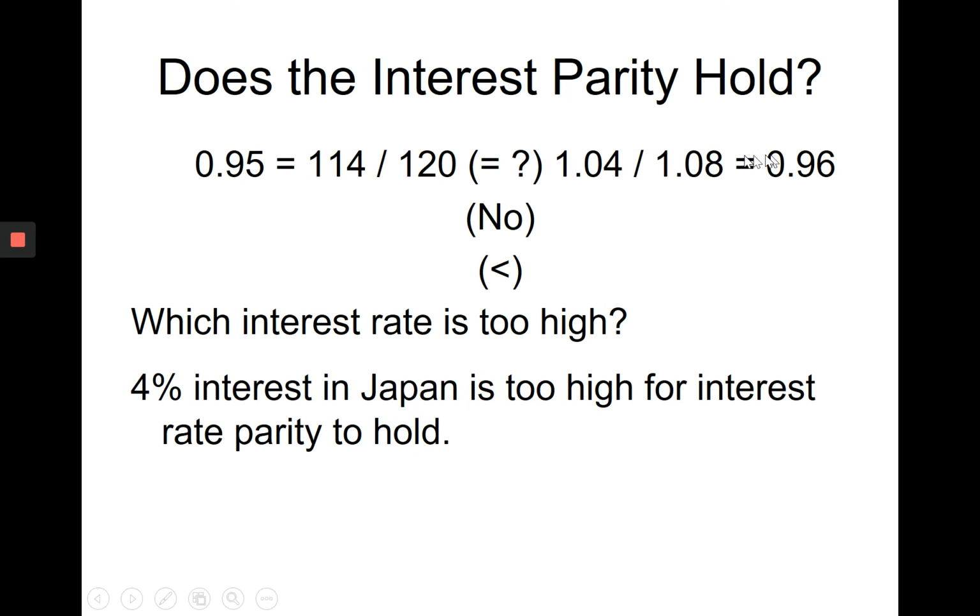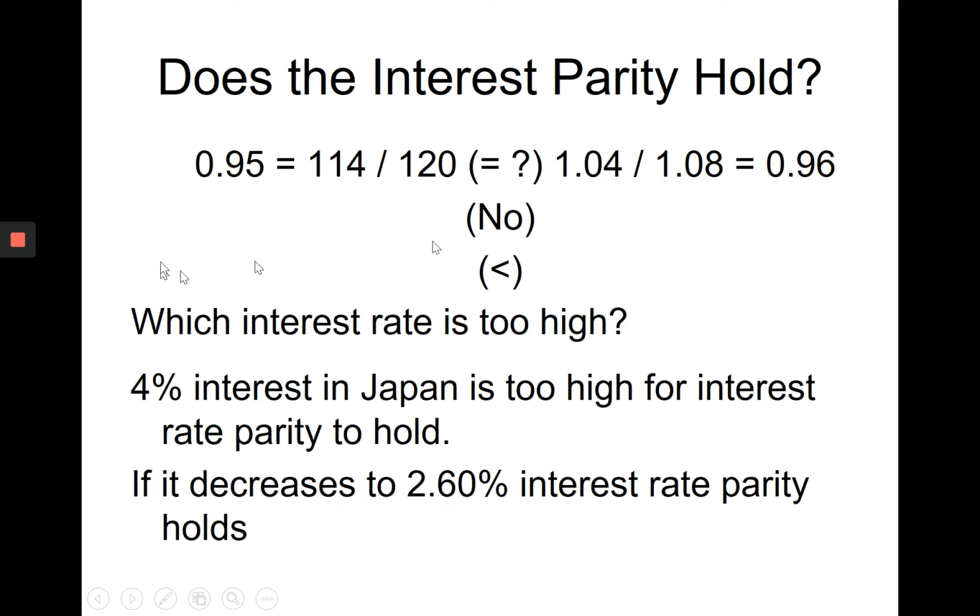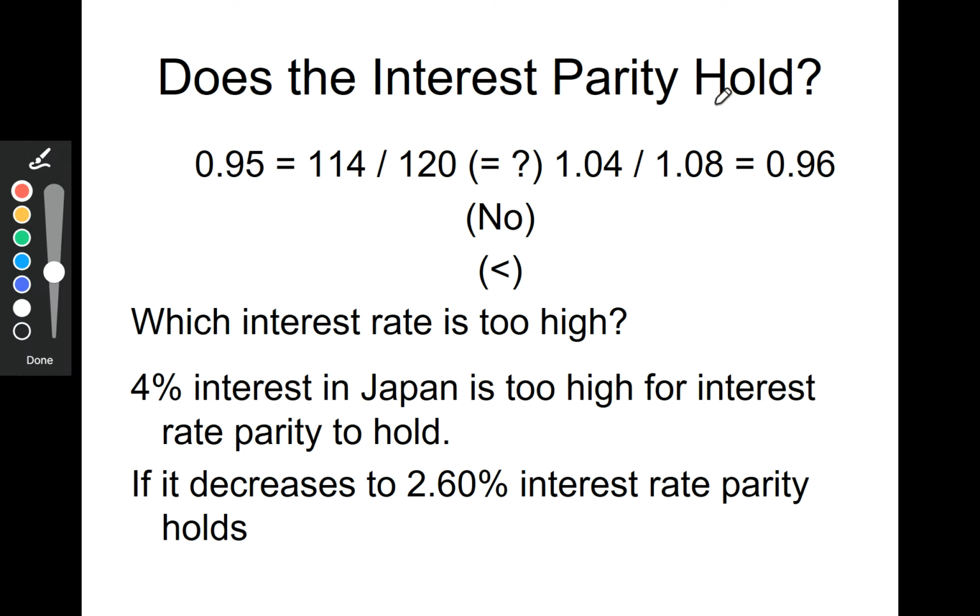So far, we said 1.04 divided by 1.08 should equal 0.95, and therefore we either put x for 1.08 and we get the equilibrium value for it. Solve the equation 1.04 divided by x equals 0.95, or we put x for 1.04 divided by 1.08 equals 0.95 and figure out what that x would be instead of 4% to get equilibrium.